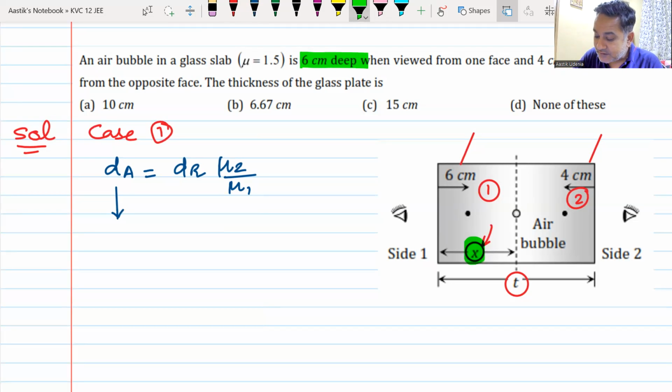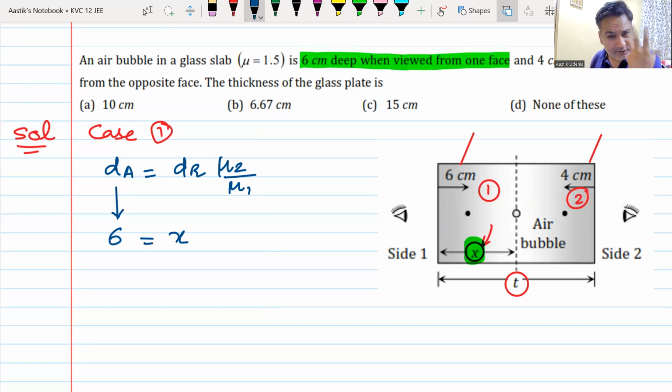I see it 6 centimeters away. Yes or no? So 6 centimeters is my apparent depth. My real depth is X. My mu2, from where I'm watching it, is 1 divided by 1.5. Where is the object? The object is inside glass, so 1.5. Do we get this? Yes, sir.